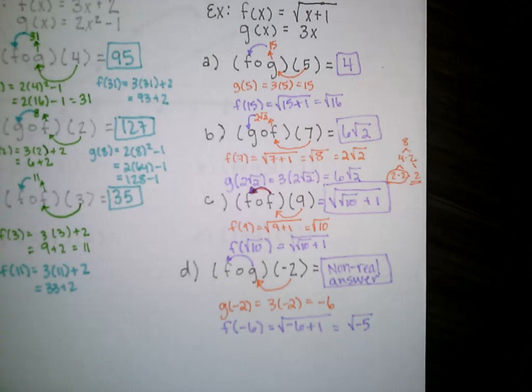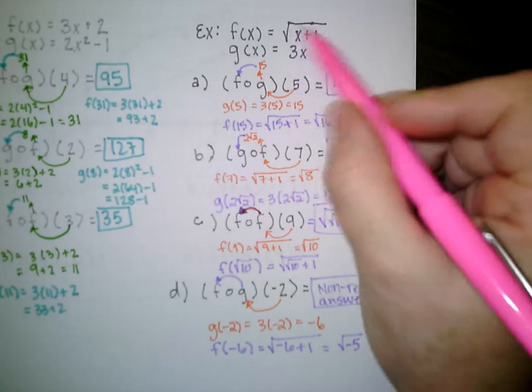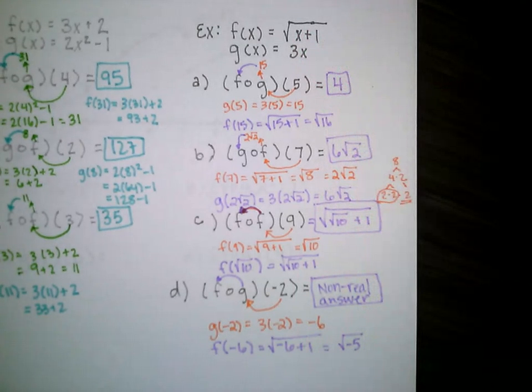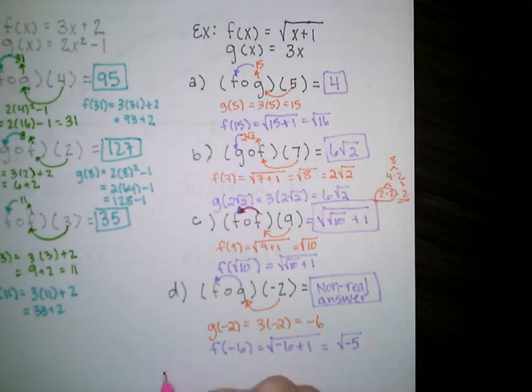Speaking of non-real answers, when we see a function like f of x equals square root of x plus 1, we should already know that this is going to give us a domain restriction, because remember that our 2 times that we have to be careful about domain are when we have variables in the denominator and variables inside even indexed radicals. So for f of x, we should already be thinking about domain restrictions.